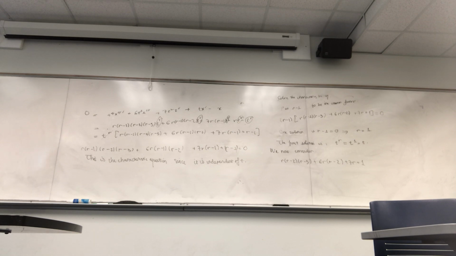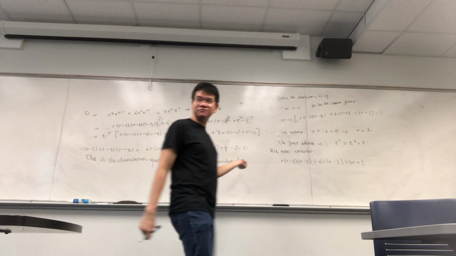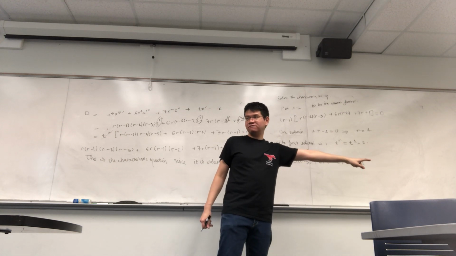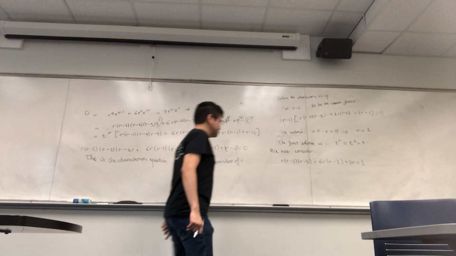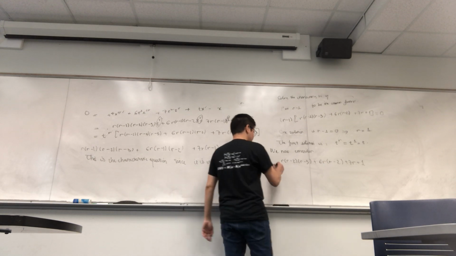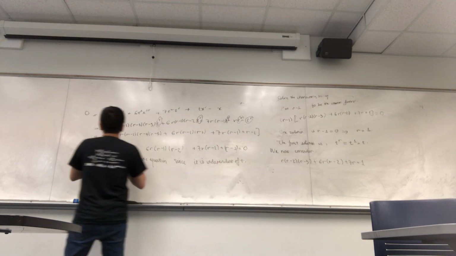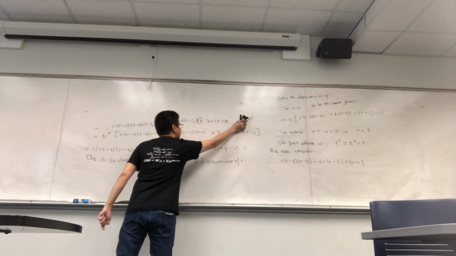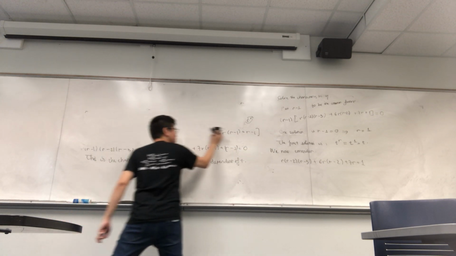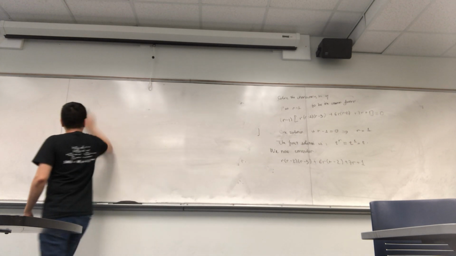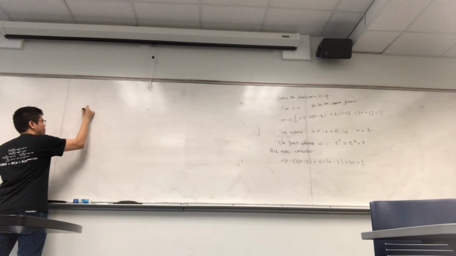Here I don't see any special solution, right? So what I have to do is expand it into a polynomial of degree 3. So I'm going to expand the polynomial.